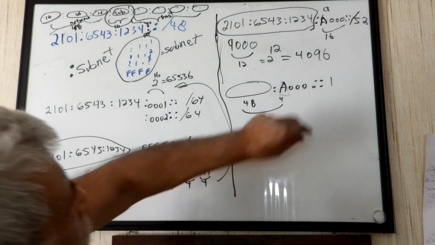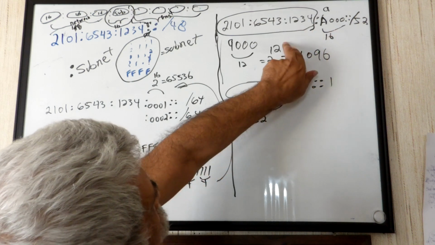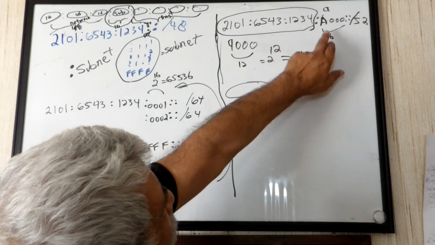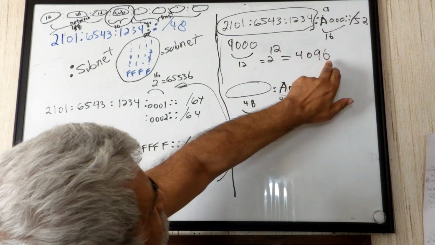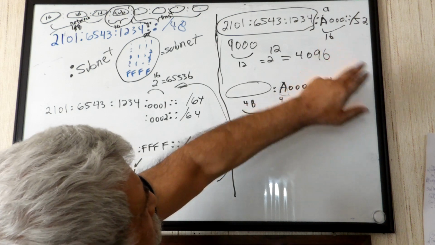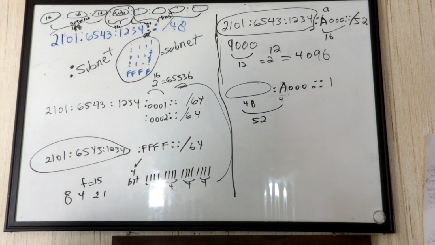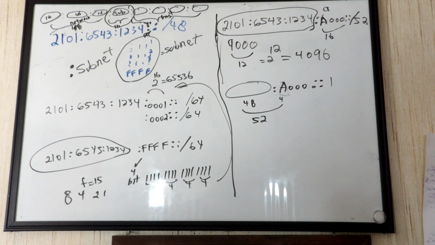So these are actually 12 bits, and 2 to the power of 12 is 4096. So you have 3 of those free for subnetting. Then you are going to have 4096 subnets. Okay.